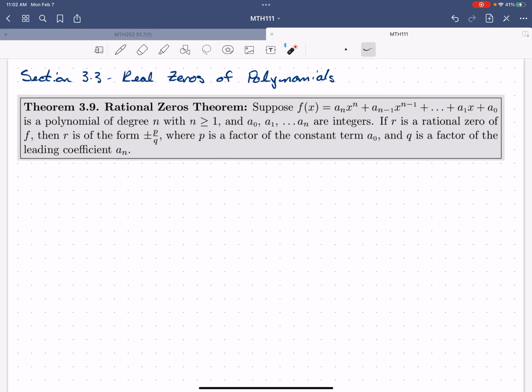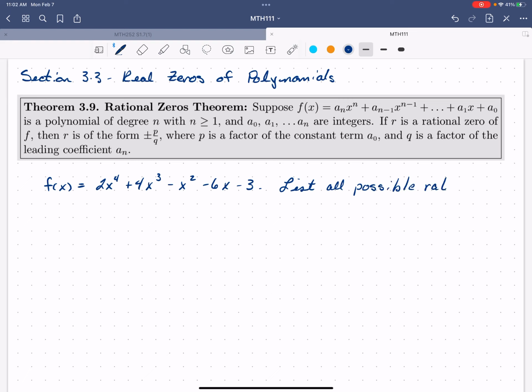So we're going to consider the function f of x equals 2x to the fourth plus 4x to the third minus x squared minus 6x minus 3. And we are going to list all possible rational zeros of this function.